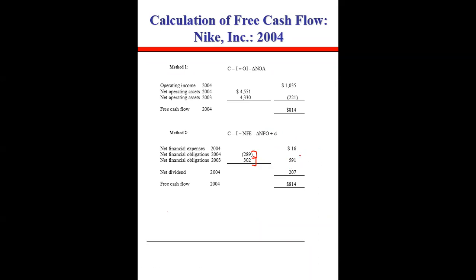If we do not take additional borrowing, we are making repayment, which is the case here, it will be a positive number. Okay. The dividend number, it should come from either shareholders' equity or it can come from the income statement. And if you sum all of this, you will get the same free cash flow number. So there is a 814, 814, the same thing, similar.